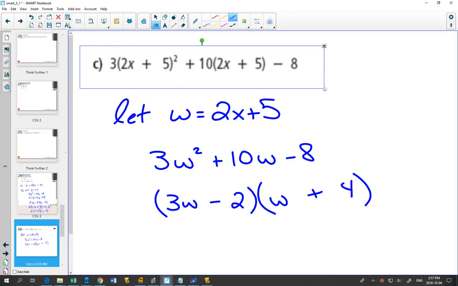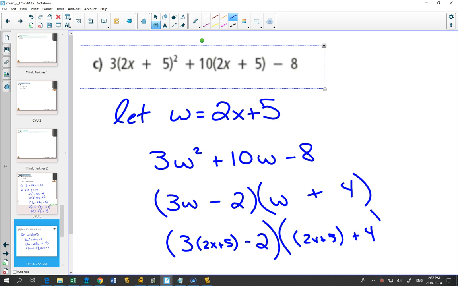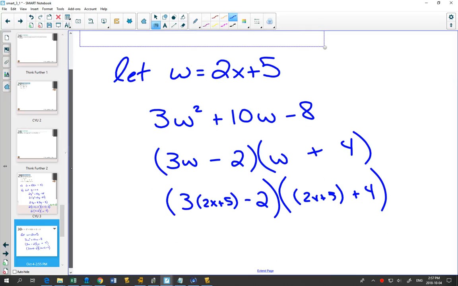And now finally, we can substitute back in. If I substitute back in, I will get 3 times 2x plus 5 minus 2, and then 2x plus 5 plus 4. When you substitute something in, it's important that you add it in brackets, especially in the first case here because it was 3 times w, and so now 3, it was here, and now we're substituting from here to here.